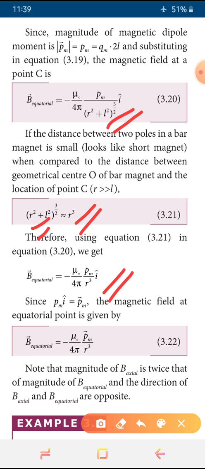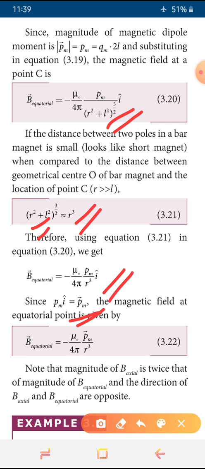Right? Yes. Next, we are giving the direction. Pm I cap is nothing but Pm vector, which we substitute in the previous equation. Then B vector equatorial will become minus mu naught divided by 4 pi Pm vector divided by R cube.